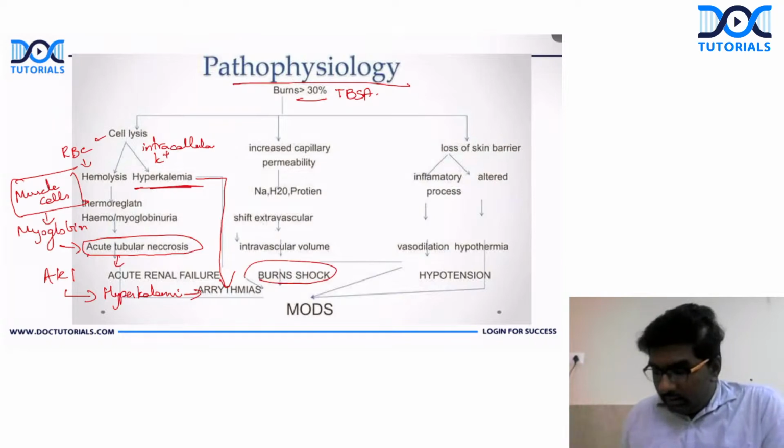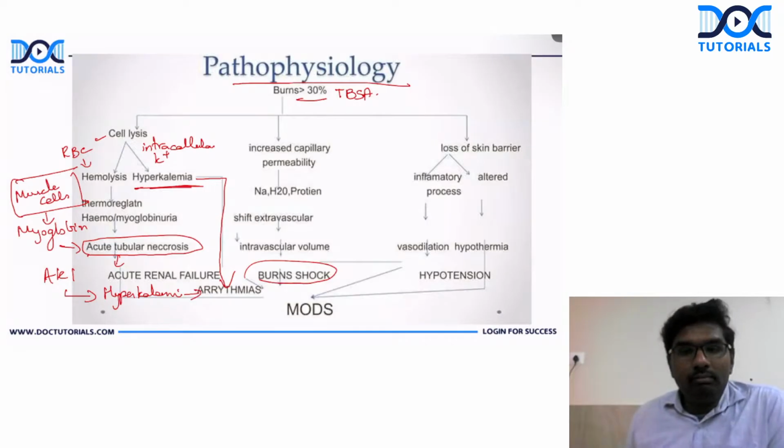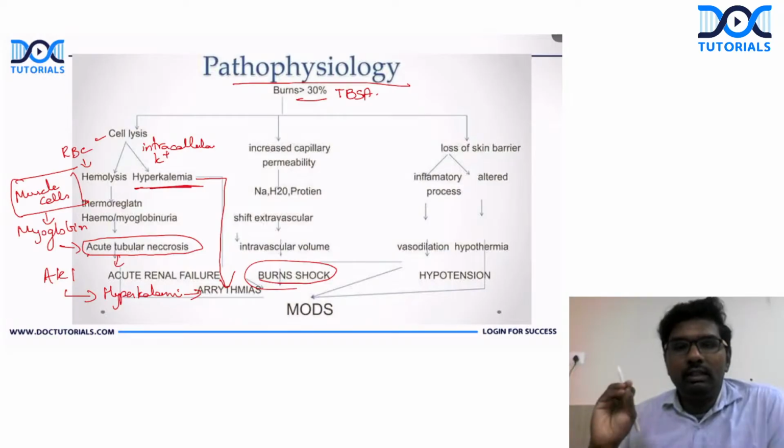So this is the mechanism of shock in burns. Because of exposure to burns, the capillary permeability will increase. Because of the increased capillary permeability, there will be a shift of fluid from the intravascular compartment into the extravascular compartment, and this will cause edema. And because of this shift, there will be volume loss in the intravascular compartment, resulting in shock.